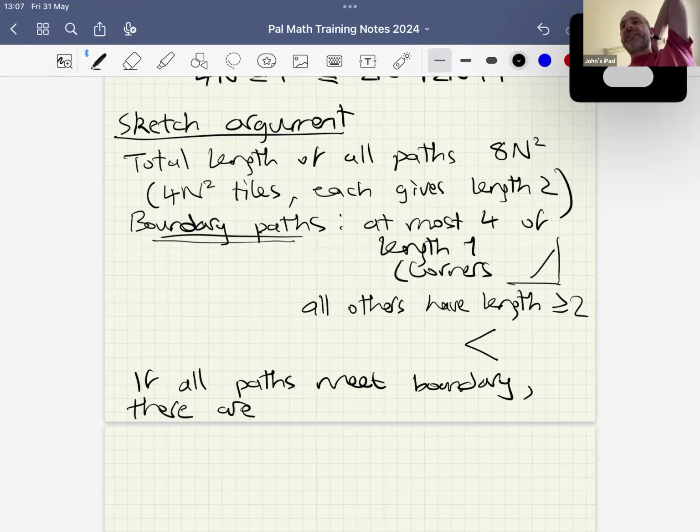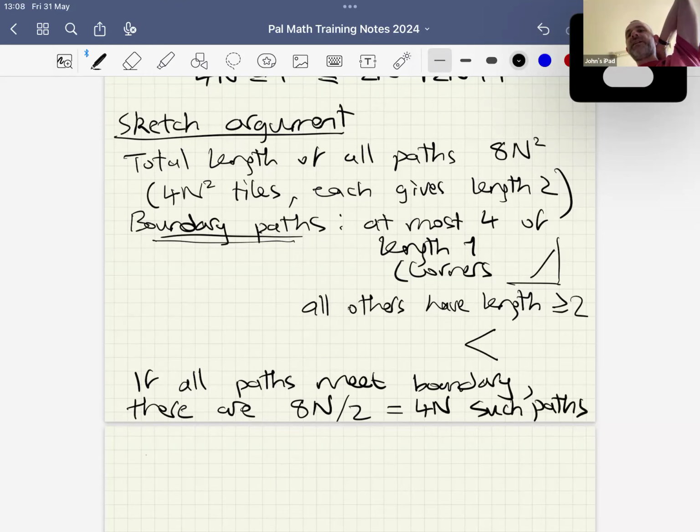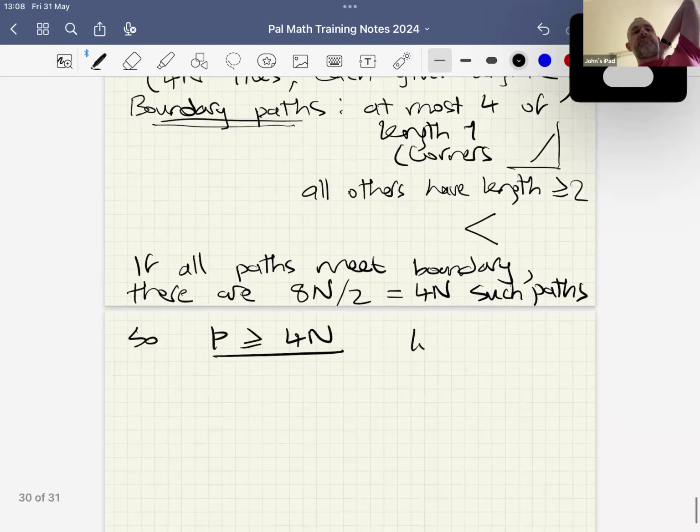The circumference is 2n by 4, so there are 8n tiles on the boundary, over 2, which is 4n such paths. So from this argument, we get that p is at least 4n. Okay, so that gives the lower bound.